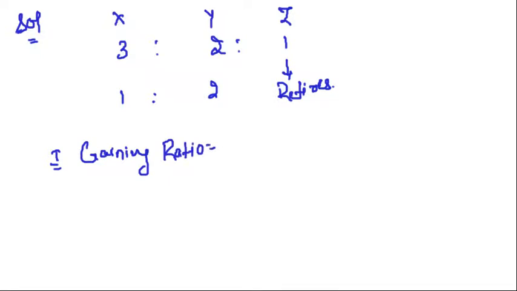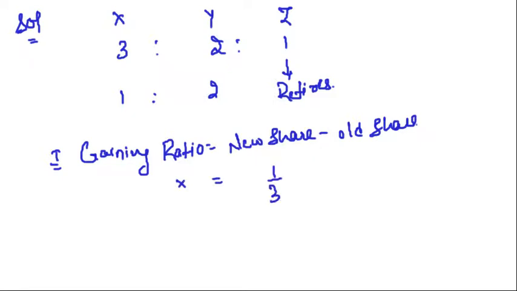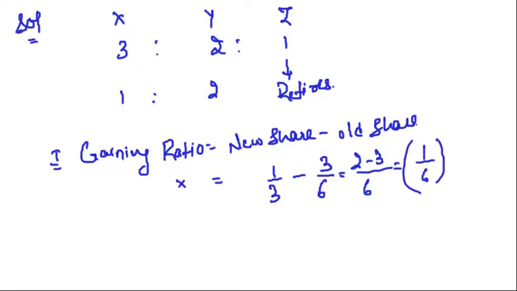What is gaining ratio? New share minus old share. So let's see for X, what is the new share? 1/3. What is the old share? 3/6. Right? 6, 2 minus 3. Oh, sir, this is coming negative 1/6.